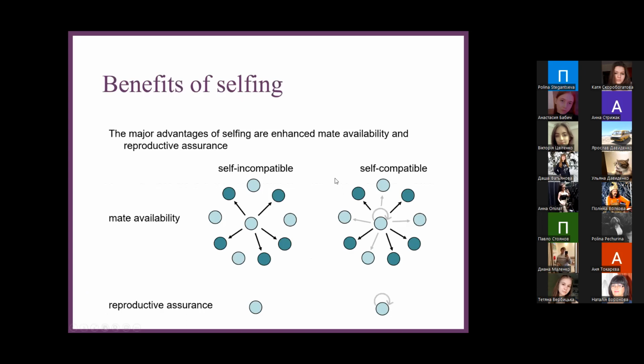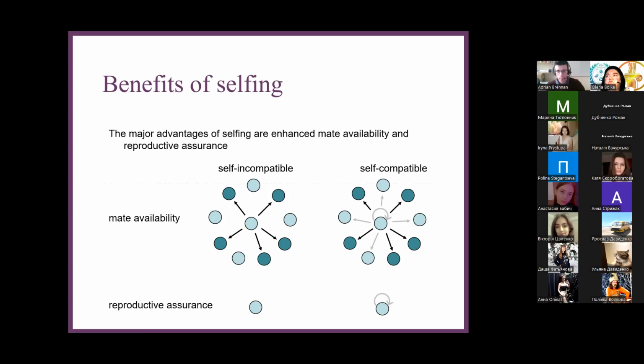But the reason why evolution seems to favor the evolution of selfing so easily is these two linked concepts: mate availability and reproductive assurance. And so here you can see this example of, say, a self-incompatible species becoming self-compatible.